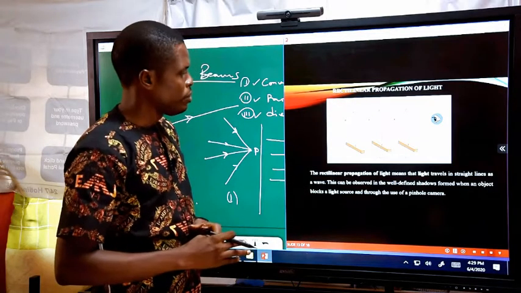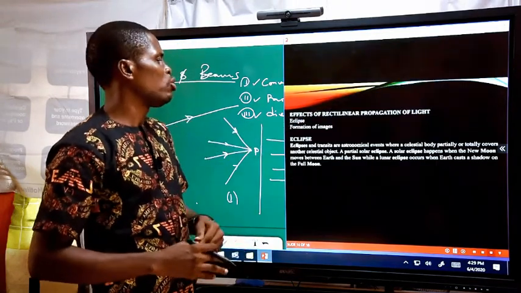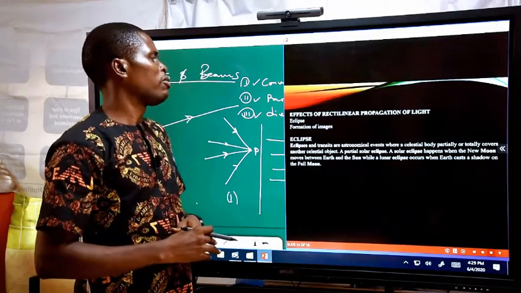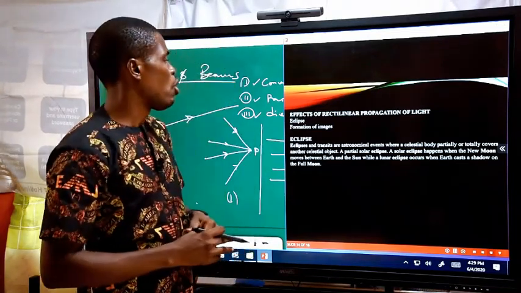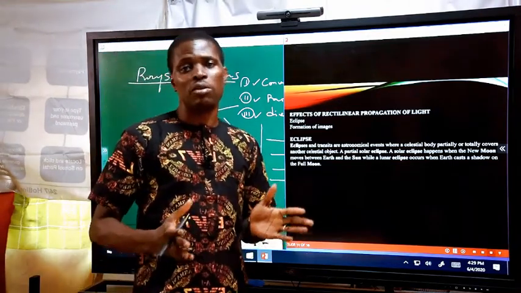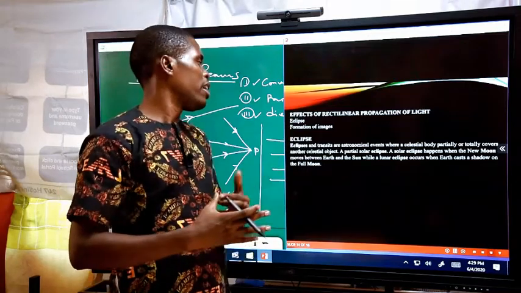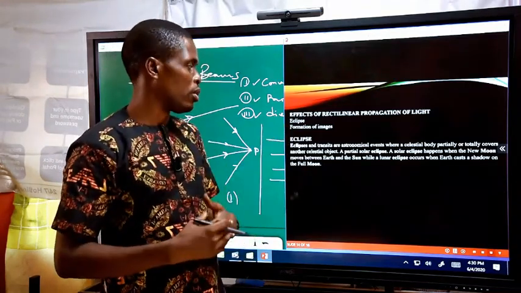There are effects of light traveling in a straight line, and some of the effects will be looked into. One of them is what we call eclipse, and the second one is what we call formation of images. Without the rectilinear propagation of light, we don't have such effects as eclipse and image formation.